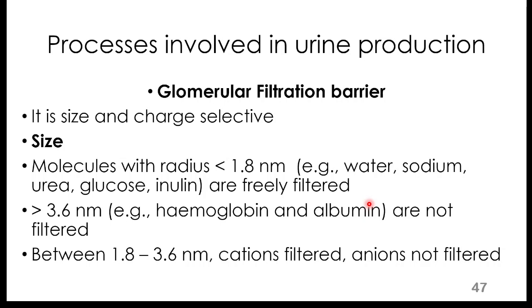Okay, now the glomerular filtration barrier, as we've said, its size and charge are selective. Okay, molecules that are smaller than 1.8 nanometers are freely filtered. More than 3.6 nanometers are not filtered. So between 1.8 to 3.6 nanometers, cations are filtered, anions are not filtered, because at this intermediate level, the size of the molecule or cation is sufficient to actually pass through.